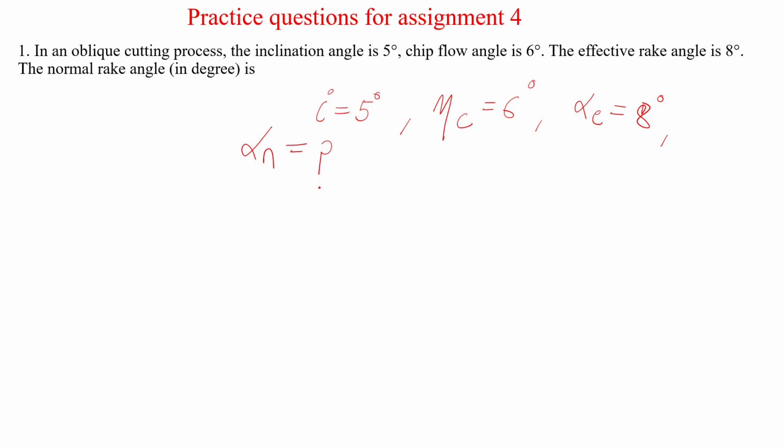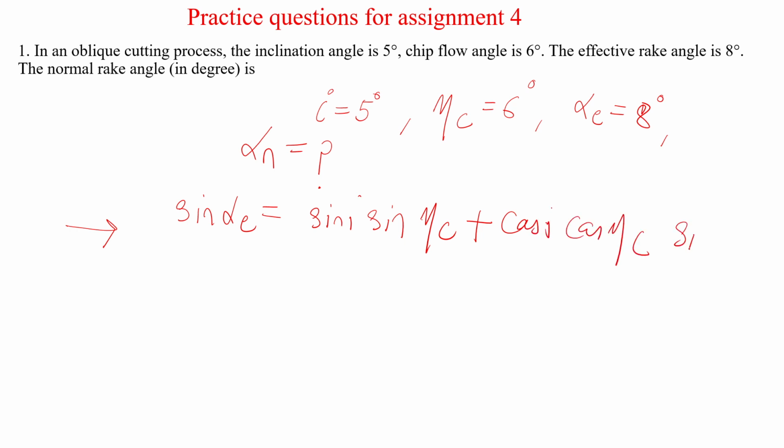So, do you know the formula for this? Yes, sir. The sine one formula, sir? Sine alpha E is equal to sine I sine NC plus cos I cos NC into sine alpha N. Everything is given.